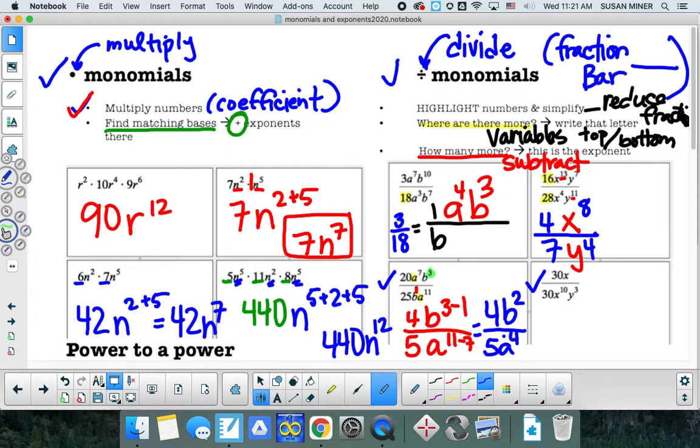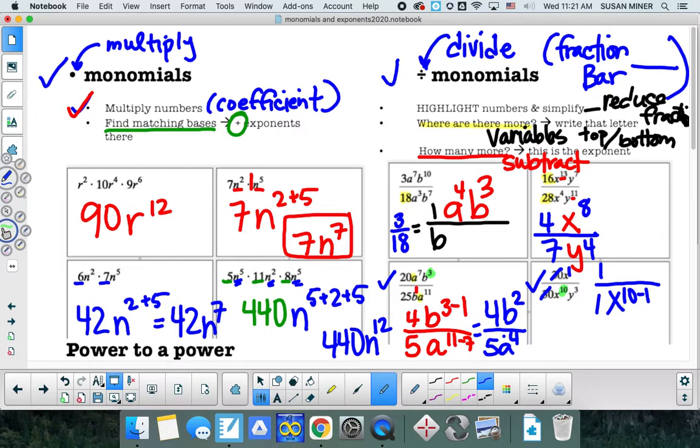Okay, last one, 30 divided by 30, that's going to cancel and go to 1. What happens? Okay, so now I have 1 over 1, right, or just 1. And then look at my x's. I'm going to end up with x's in the bottom because there's more here in the bottom. And this will be 10 minus 1 because this is a 1x.